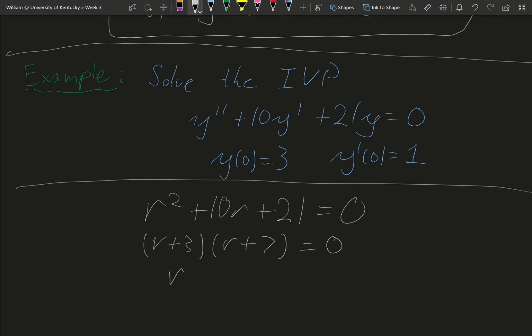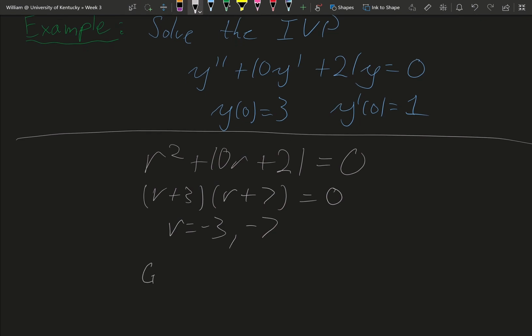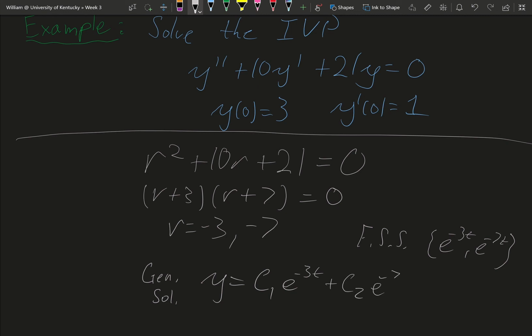So that tells us that r is negative 3 or negative 7. So our fundamental set of solutions is going to be e to the negative 3t and e to the negative 7t. And so our general solution is c1 e to the negative 3t plus c2 e to the negative 7t.